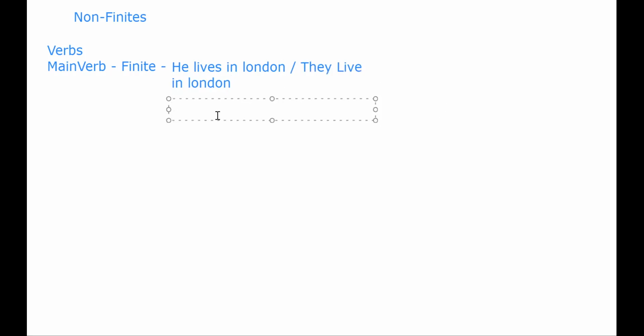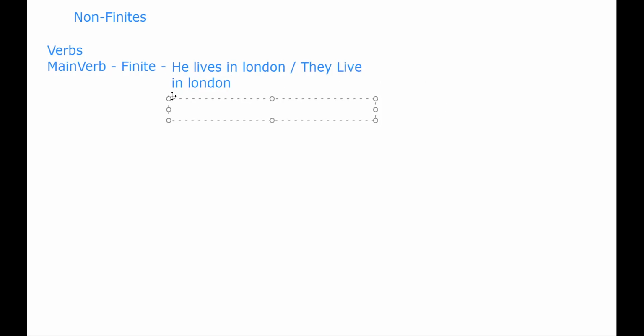In both the sentences, we can see that the verb live has changed depending upon the subject. That means there is a limit to their expansion. They are finite, limited to the subject. So if the subject is singular, they will take S or ES, and if the subject is plural, they will not take S or ES after it. So this is the concept of finite verbs, which are limited to the subject.